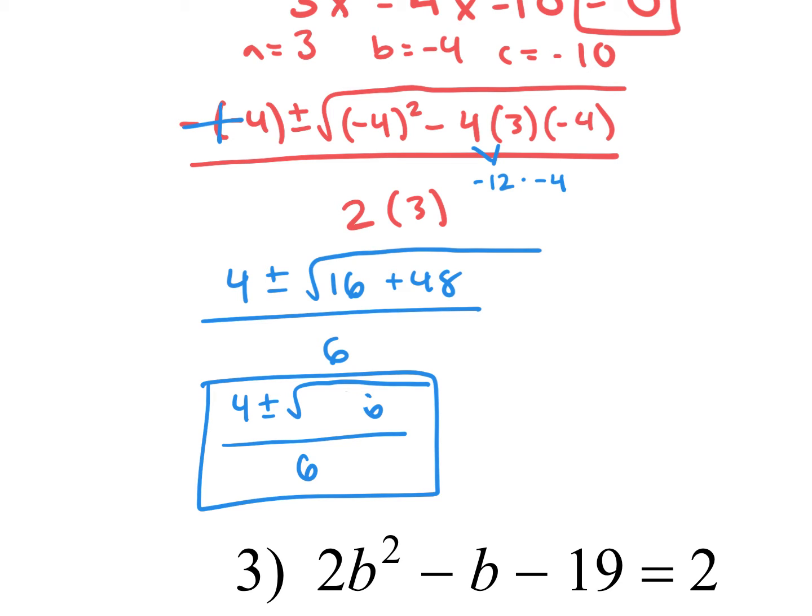That's why I was like, 16 plus 48 isn't 130. I trusted you guys. Nobody stopped me. I thought I was just wrong. So it should be negative 10 in here. So then this would be 12 times negative 10, which is 120. So 136. So you're right.